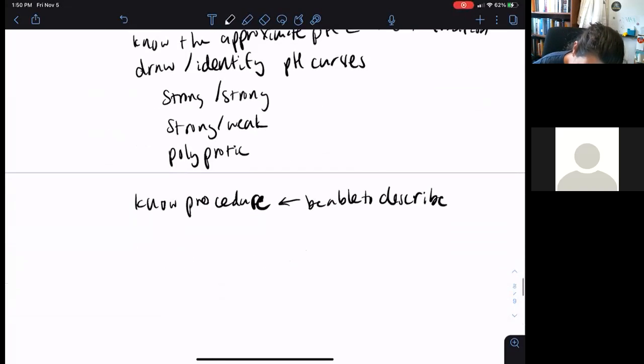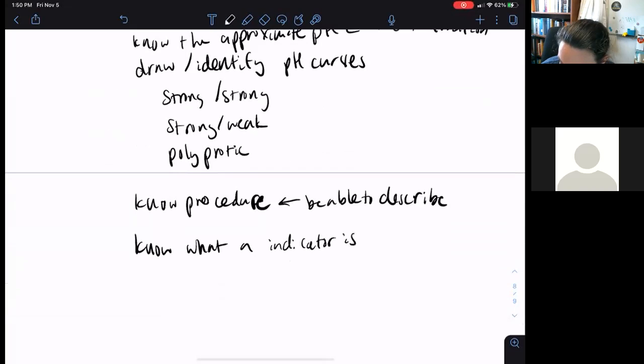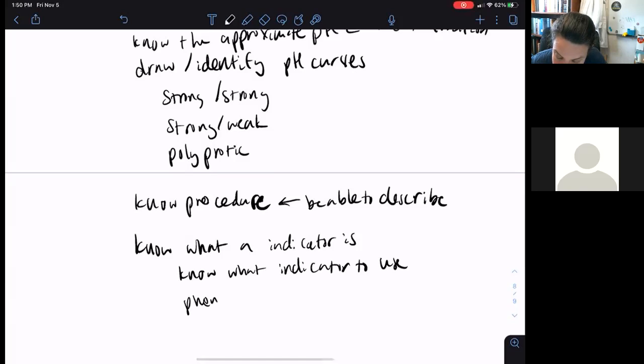You should know what an indicator is. And you should know what kind of indicator you need for a particular titration. We specifically talked about phenolphthalein. I can't spell phenolphthalein.